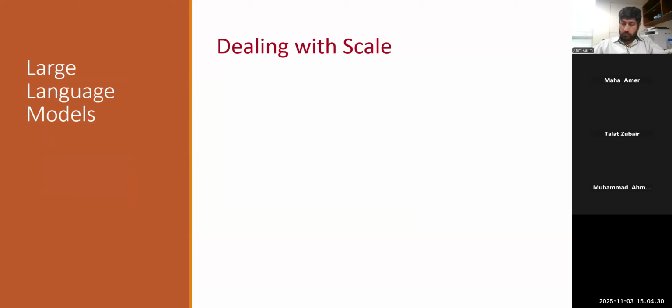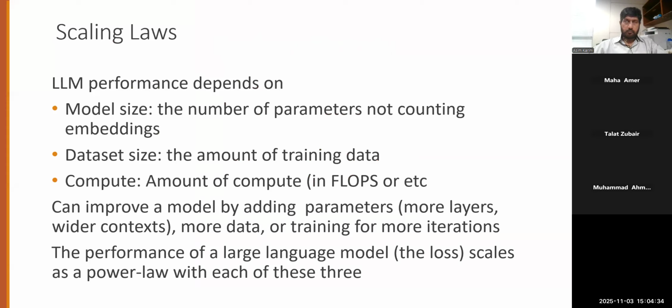So the performance of a large language model depends on three key things that people have mentioned. One is the size of the transformer or the large language model, which would be the number of parameters. We can call that n.